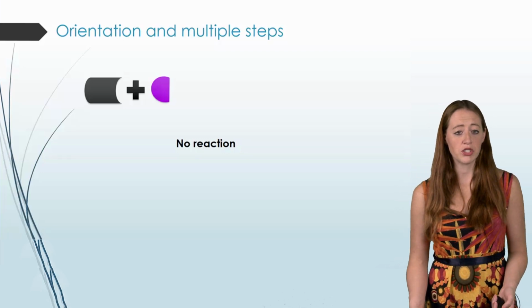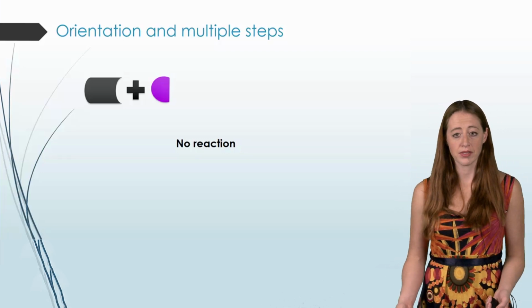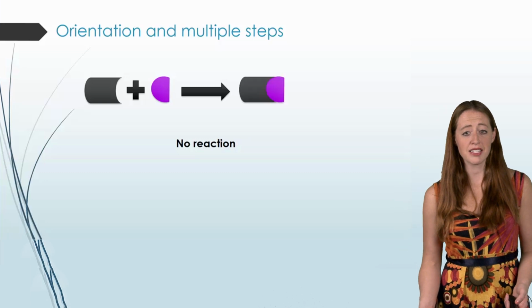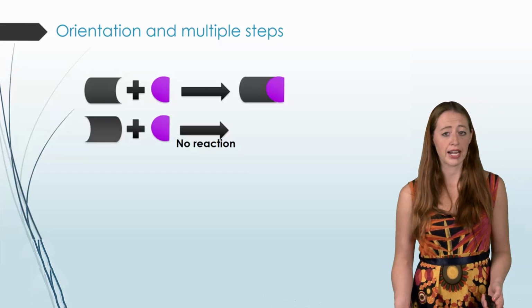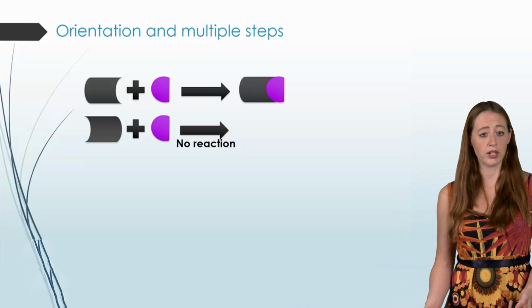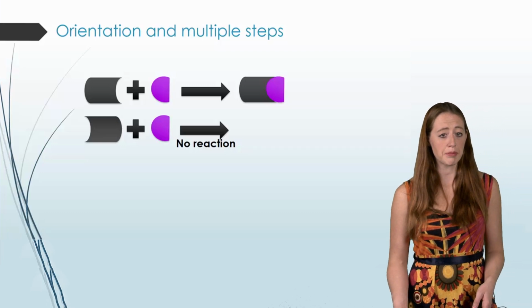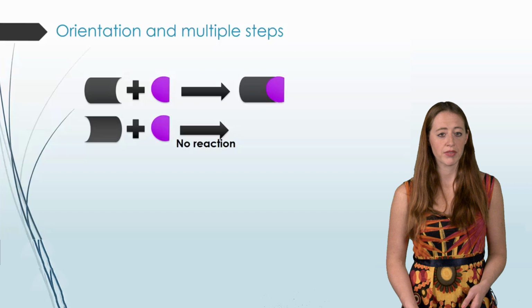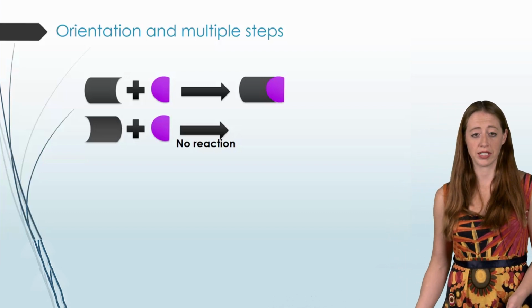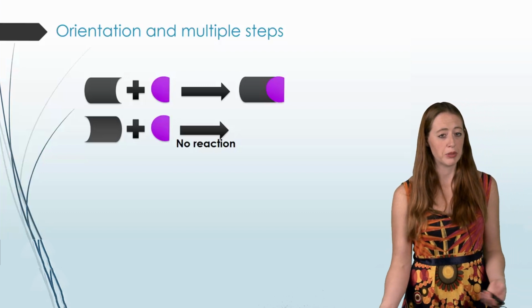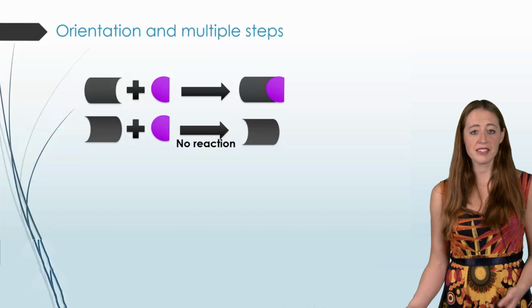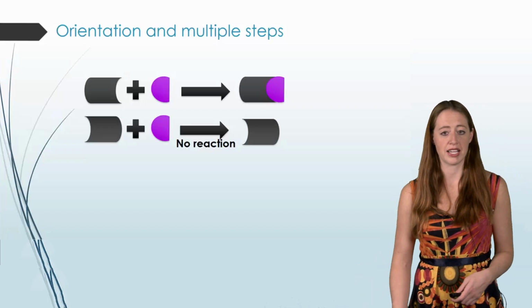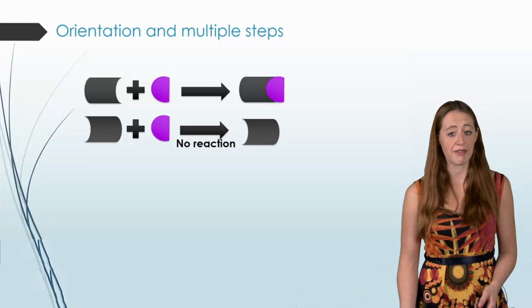And that is that if you have two reacting species, it's possible that they will only react in a very particular order. So if you look at this top picture, perhaps that causes a reaction to occur. But if you look at the bottom one, perhaps no reaction occurs. And this is going to be a big deal in all of our reactions that we deal with. So these orientations definitely matter.